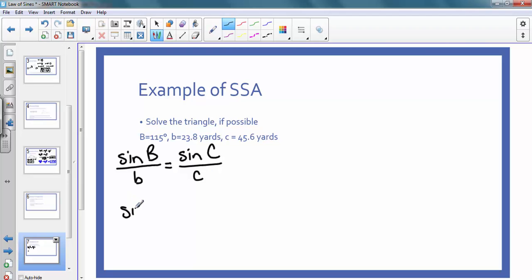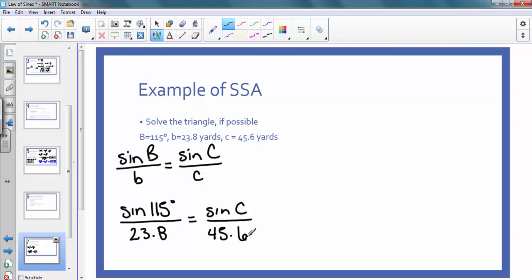So plugging in what they've given us, I get sine of 115 degrees over 23.8 equals the sine of C over 45.6 yards.